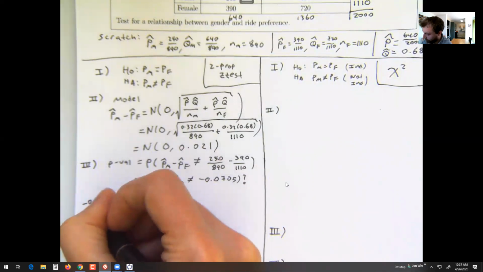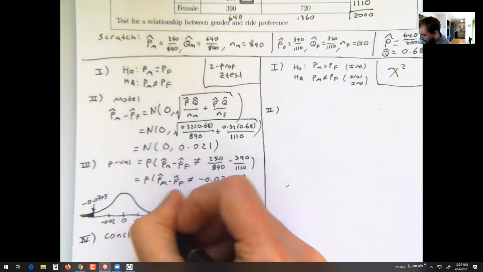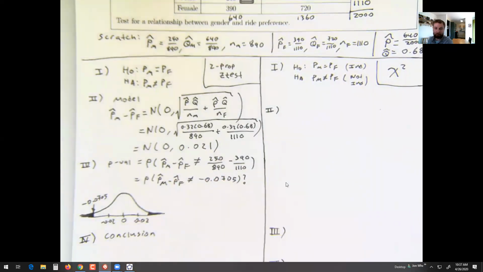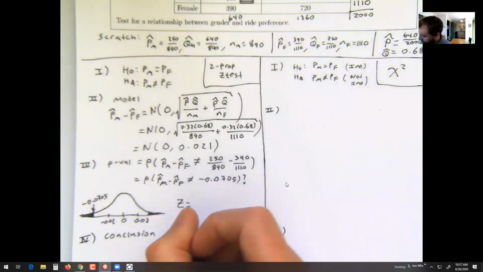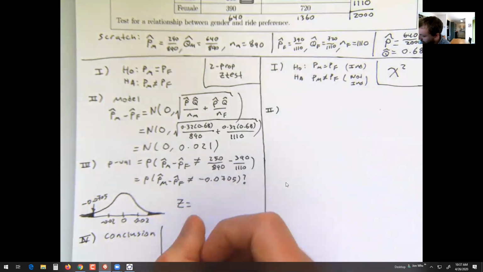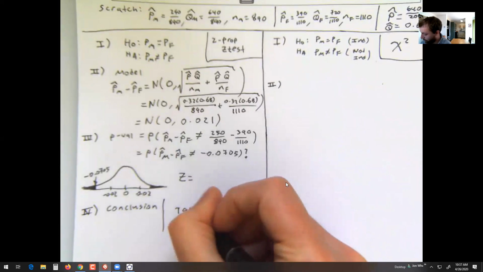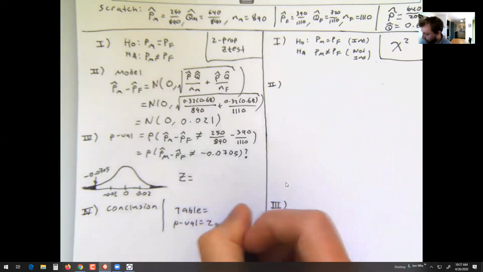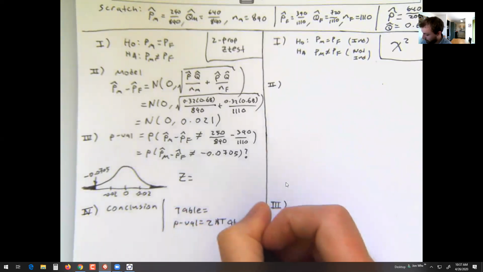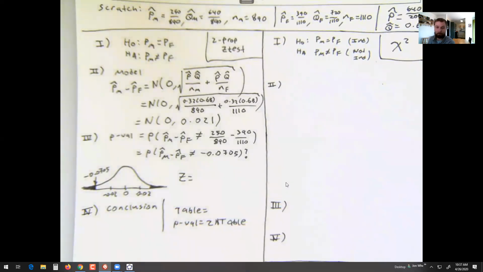In this case, I'm testing for a difference, so I'm going to have a 2-tailed test. So I'm going to find my z-score. I'm going to look this z-score up in a table, and then because it's a 2-tailed test, my p-value is going to be 2 times the value that I get from a table.